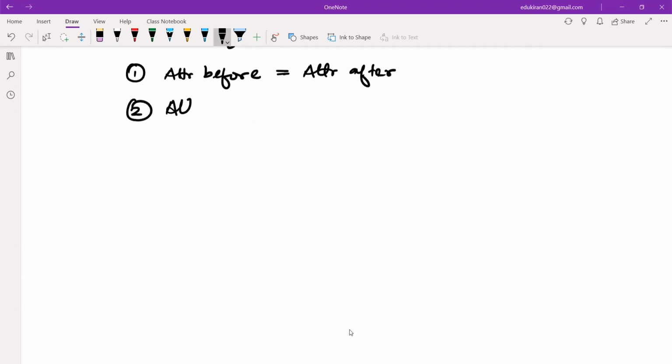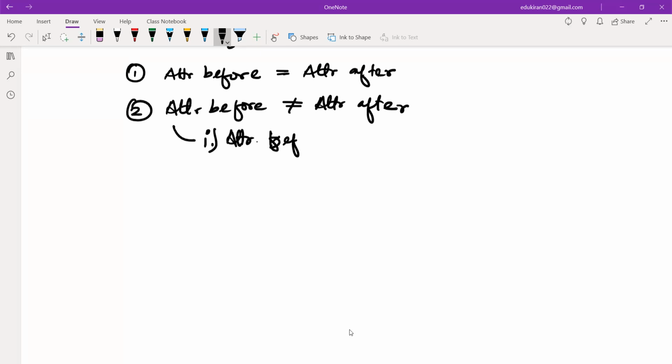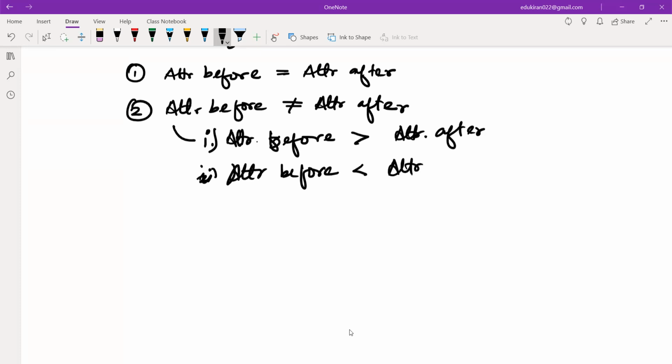Second case can be attraction before is not equal to attraction after, and this can also have two sub-cases. In one, your attraction before is greater than attraction after. Second case can be attraction before is less than attraction after.